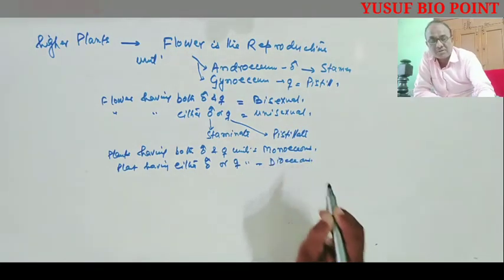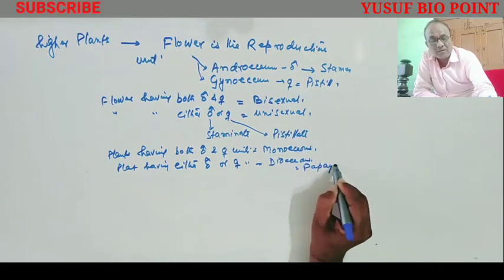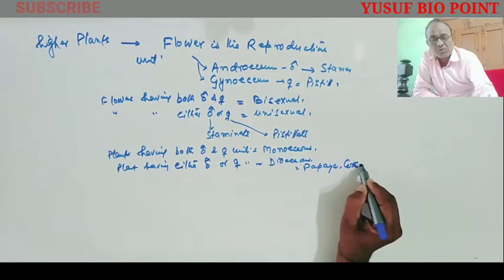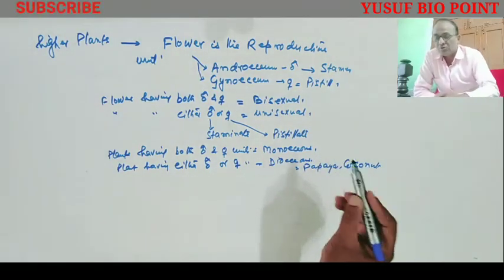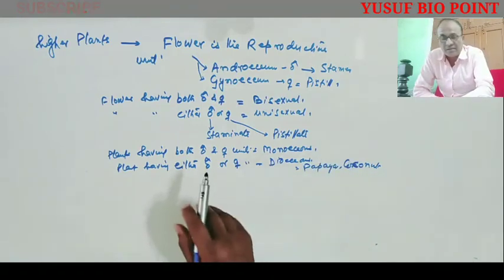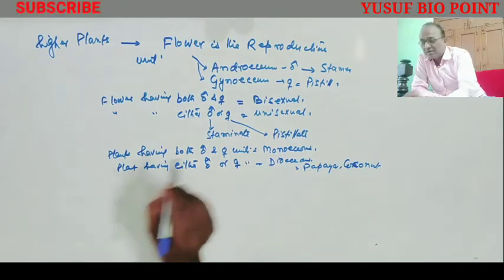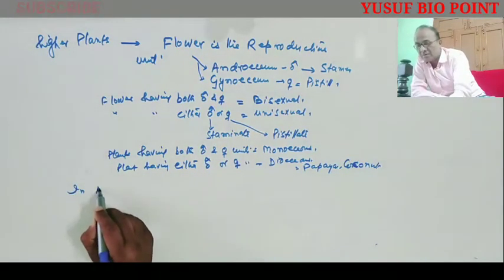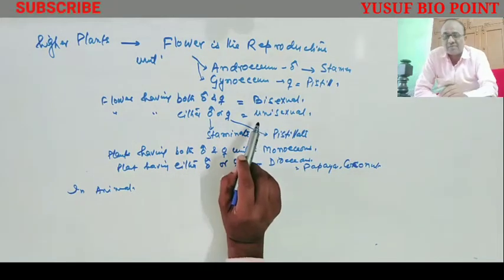Examples: papaya and coconut are dioecious, and monoecious you all know, such as the channels. So in this way in plants, and in animals, unisexual and bisexual both types are also found.